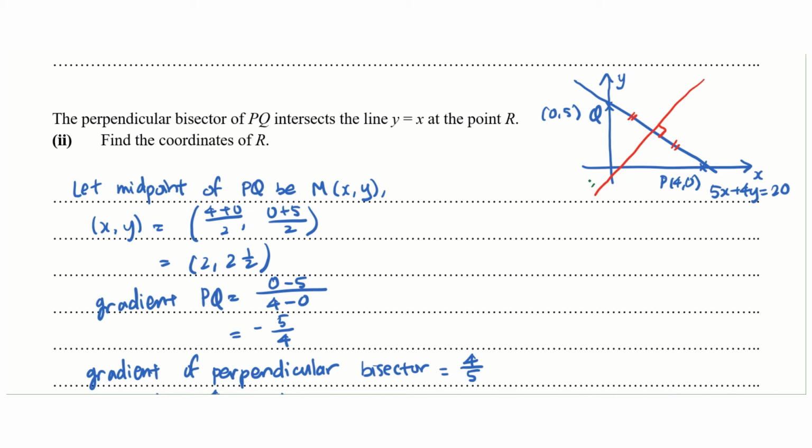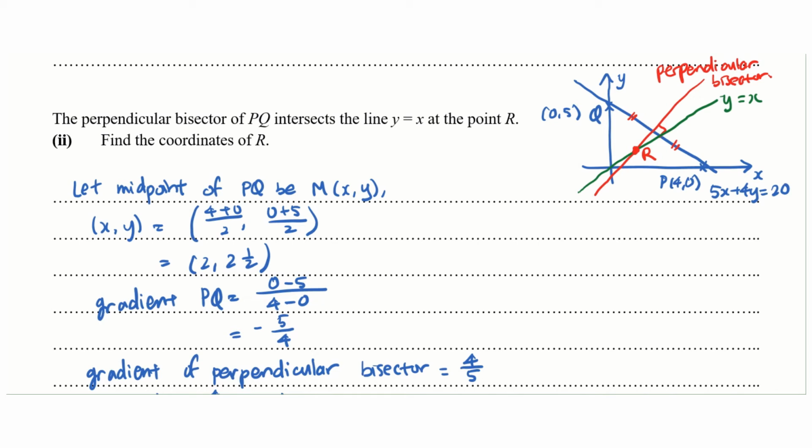So maybe the line y equals x will look something like this. This is y equals x, and the red one is the perpendicular bisector. They intersect at a point R. This is just a rough guide to guide ourselves.